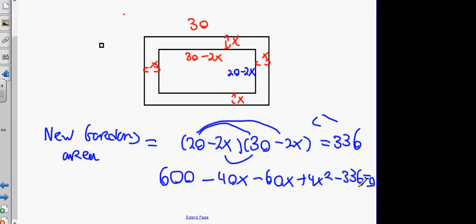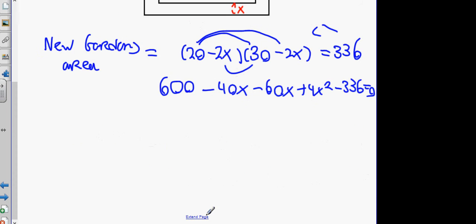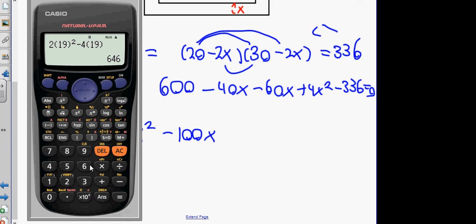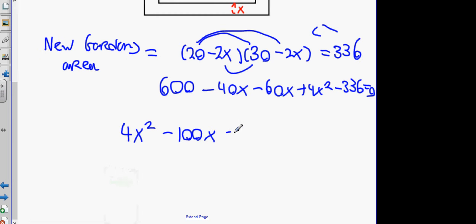Next we arrange it in the form of a quadratic: 4x squared minus 100x, and 600 minus 336, 264.